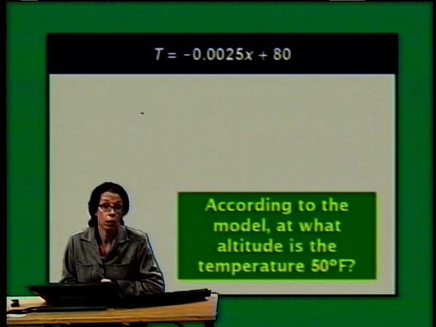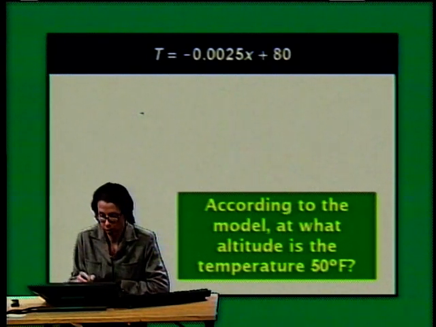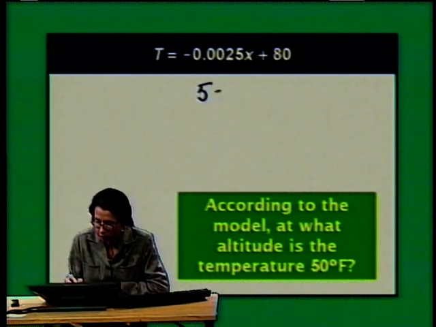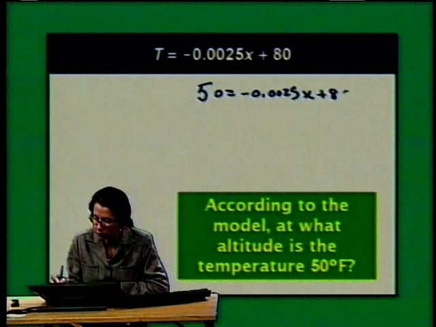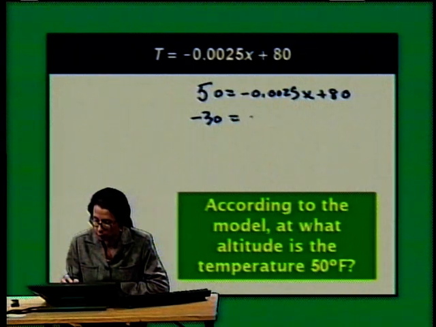According to the model, at what altitude is the temperature 50 degrees Fahrenheit? Well, I'm just going to replace T with 50 and solve for the altitude x. So my equation is 50 equals negative 0.0025x plus 80. Subtracting 80 from both sides of the equation, I get negative 30 equals negative 0.0025x.